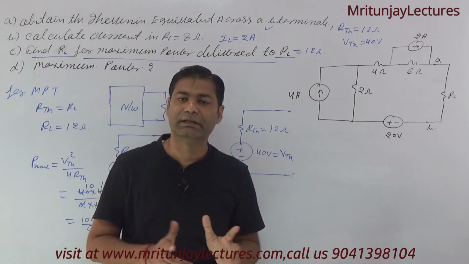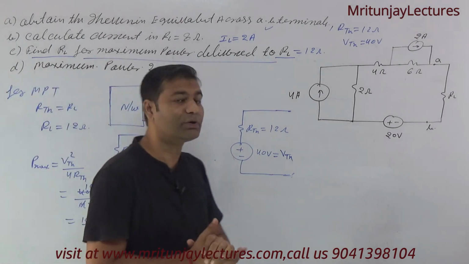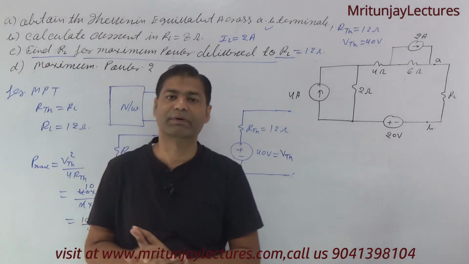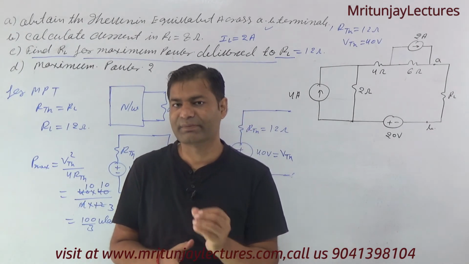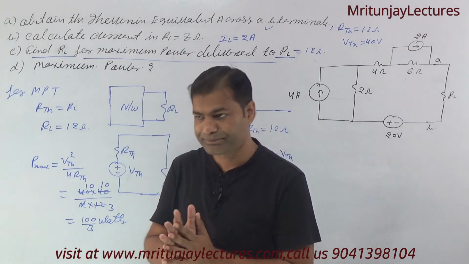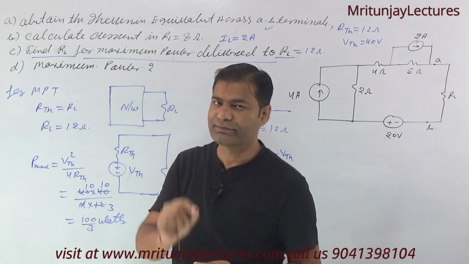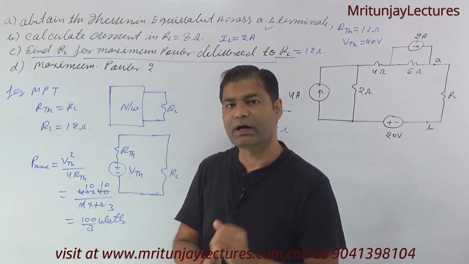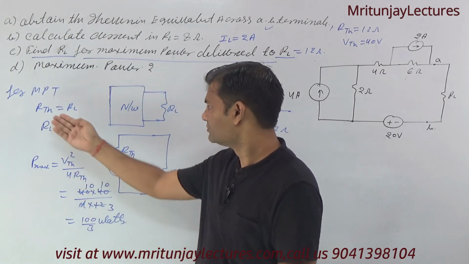Now corresponding to the question once again, find RL for maximum power delivered to RL. Maximum power delivered means PMT, maximum power transfer to the load, which happens only if RTH is equal to RL. That means RL is equal to RTH.